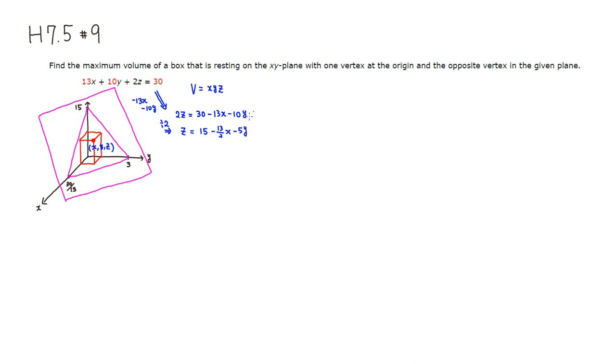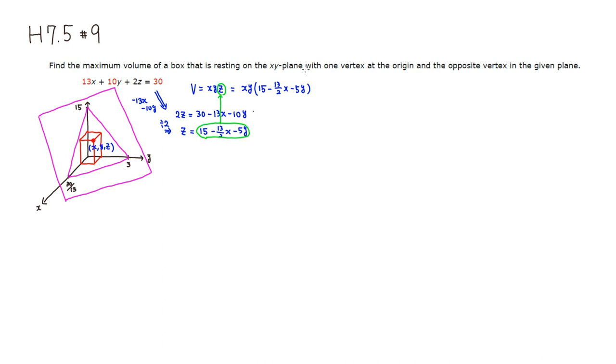Since we have an expression for z, I'm going to plug it in here so that we don't have to deal with 3 variables. So this is x times y times (15 minus 13 over 2 x minus 5y).